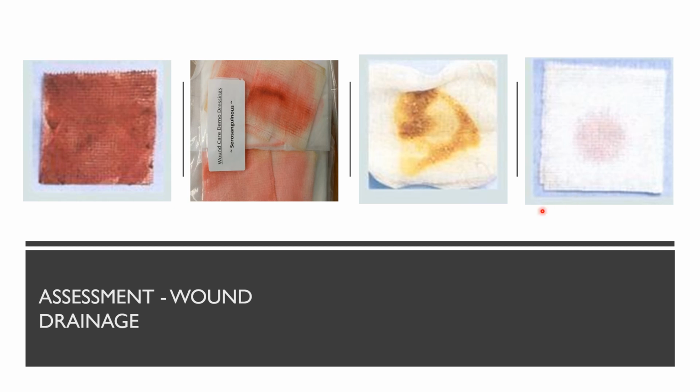But if it covers more than 25% but less than 75%, it is considered moderate. Whereas more than 75% of the dressing soiled is called a large amount. And if you see the drainage is coming out of the dressing, it's completely saturated, or drainage is soaking the patient's clothes, it is called copious.